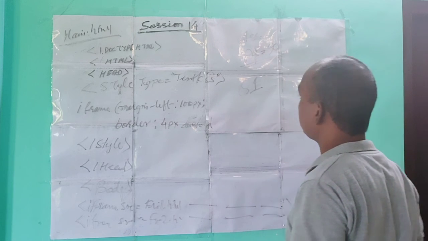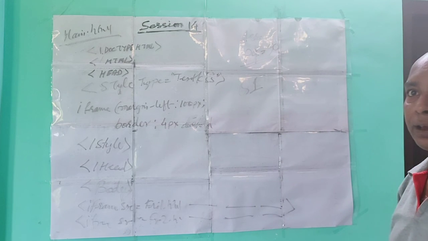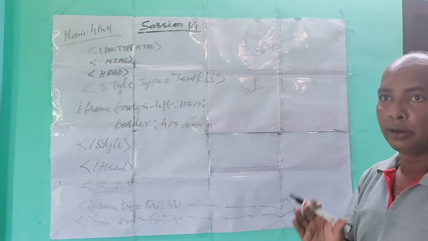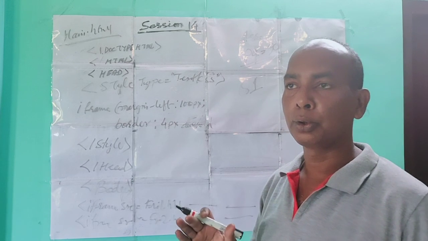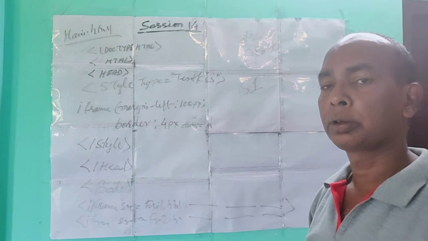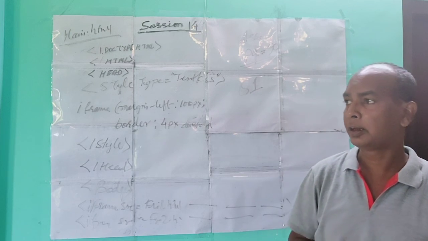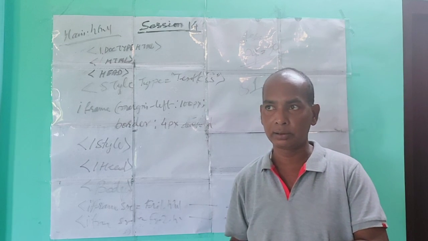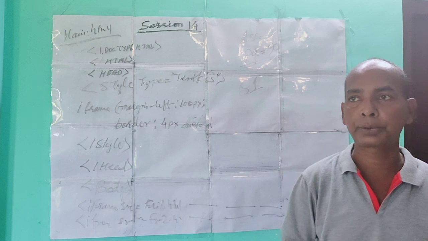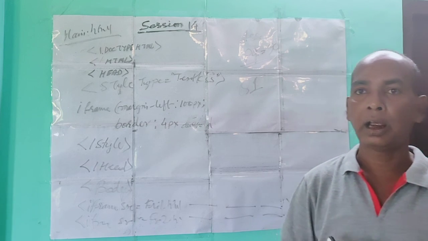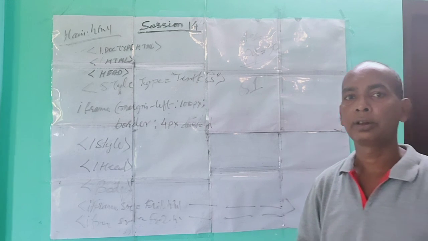So page number 90, question 1 is your assignment. Write in your notebook. Also draw the output. Write the HTML code on the right side and draw the output on the left side. And when I ask you to submit, only then submit it. Thank you all of you.